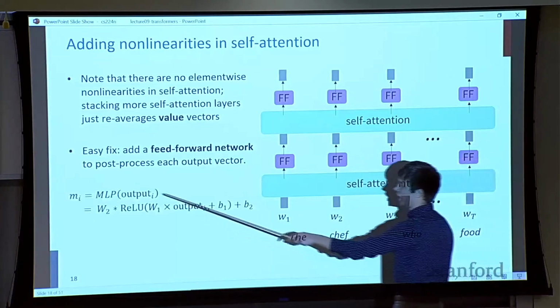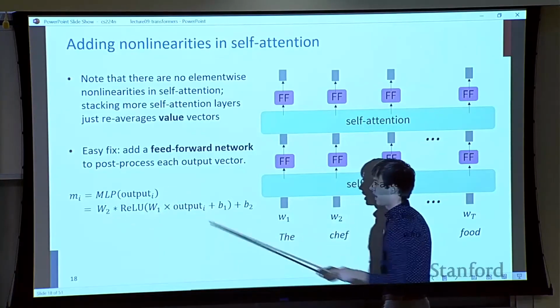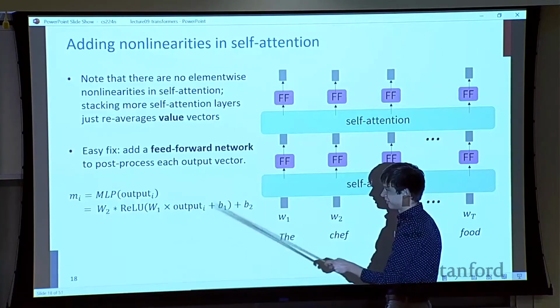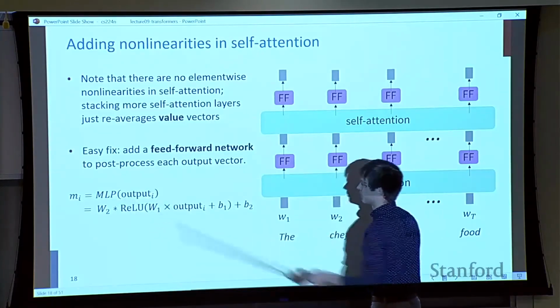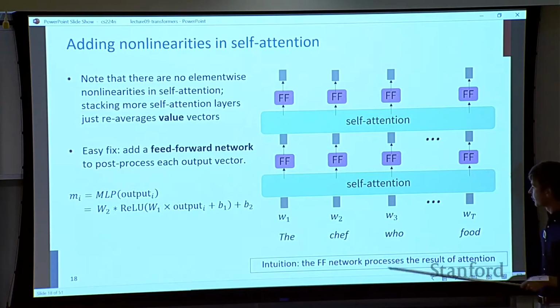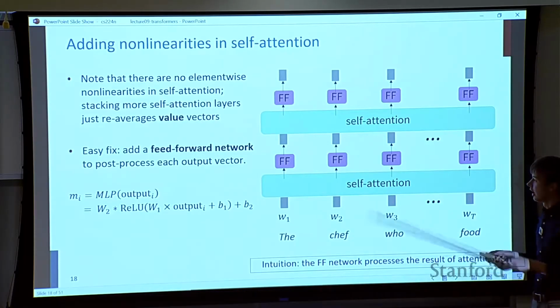And so you have output i from self-attention, which we saw slides ago. Apply a feed-forward layer where you take the output, multiply it by a matrix, nonlinearity, another matrix. And the intuition here you can think of at least is, well, something like the feed-forward network processes the result of the attention for each thing.